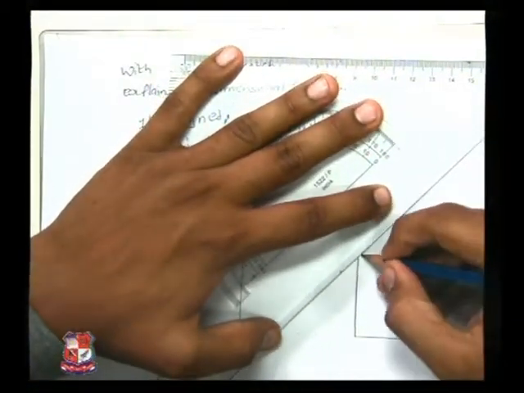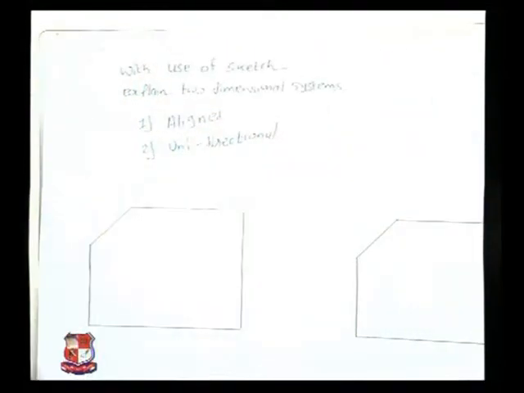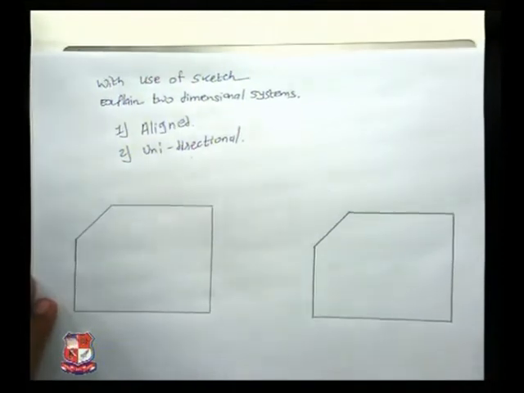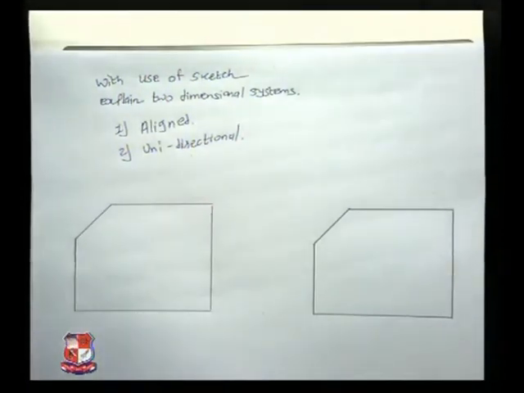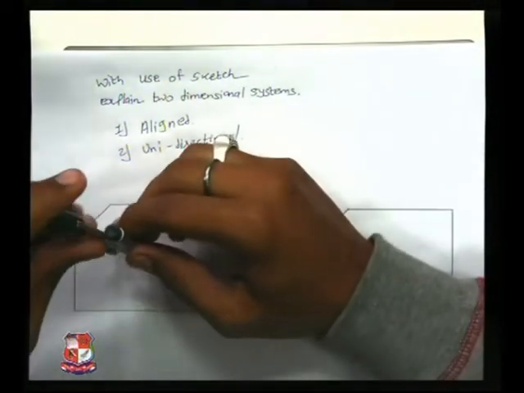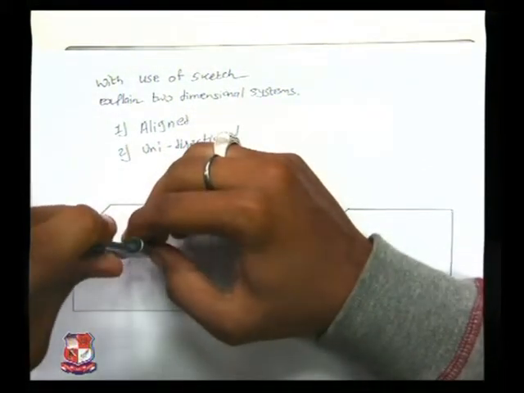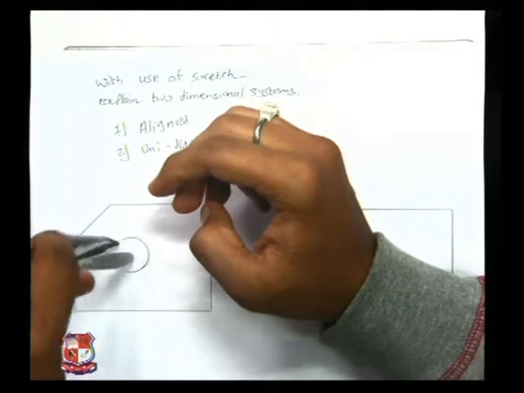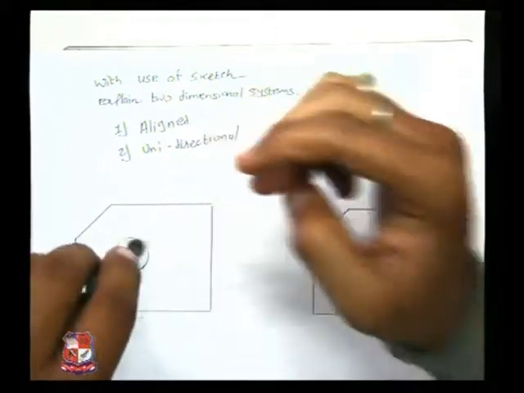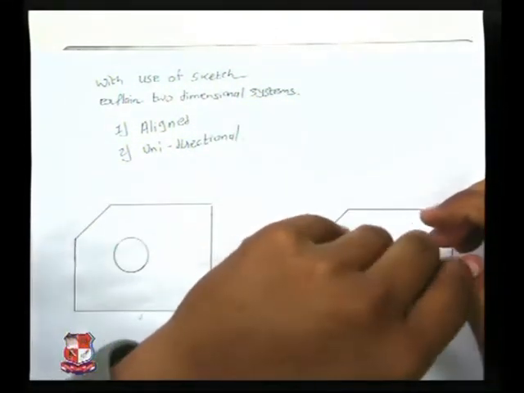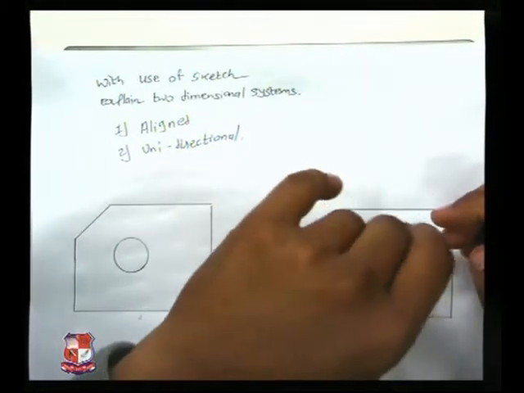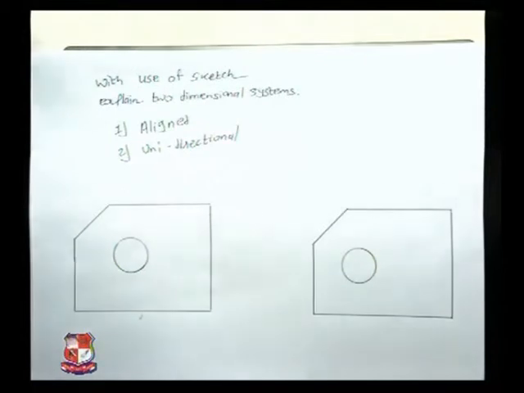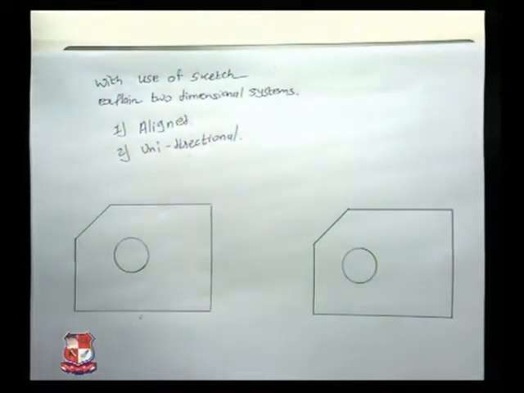These are the two reference sketches, and you can see clearly that these are two similar reference sketches. I am drawing a circle also so that how we can give the dimension to the circle can be clearly specified. We will compare it one by one.